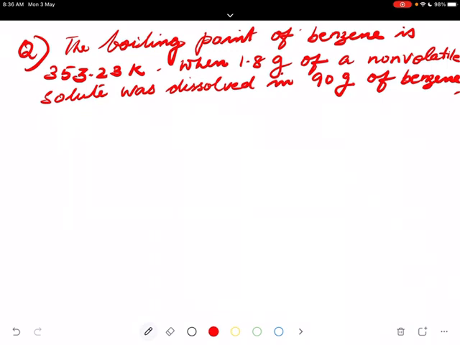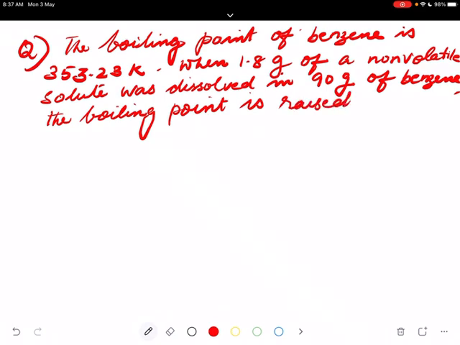So benzene is the solvent here, so it has a Kb value or Kf value. The boiling point is raised to 354.11 Kelvin. Calculate the molar mass of the solute.